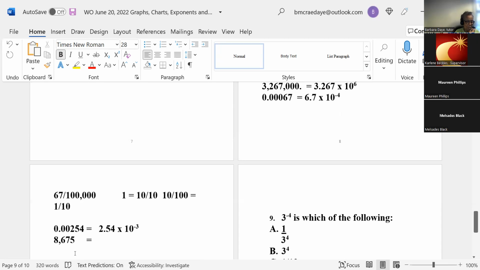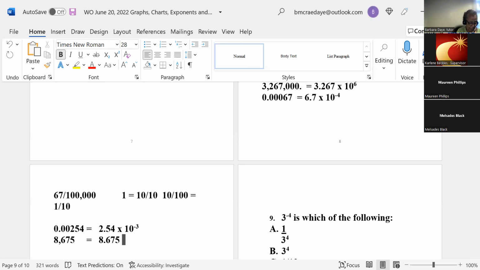Your decimal point is right here after the 5. Where would you move it to get a number less than 10? So I will start moving it from behind the 8. 1, 2. So it'd be 8.6, right? 8.675, because that's less than 10, right?